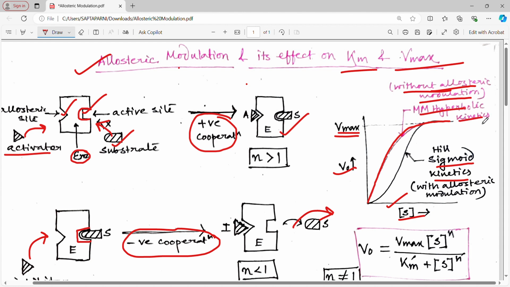So in case of no modulation, the curve is a hyperbolic curve and it follows normal Michaelis-Menten kinetics.